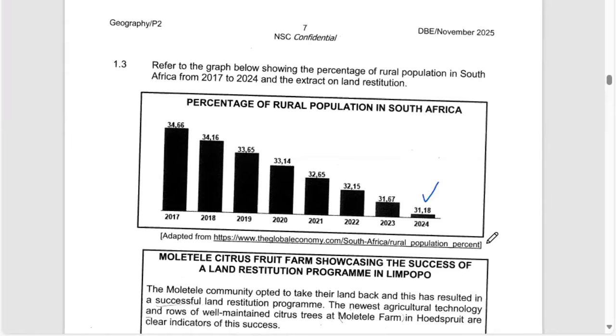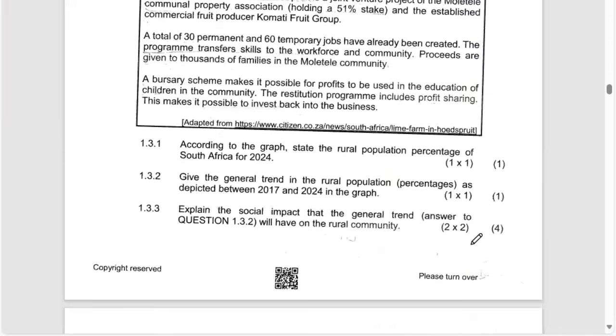So you get your percentage there. All these figures are in percentages. So we are saying the rural population in South Africa is portrayed as 31.18 in 2024. That's the percentage.